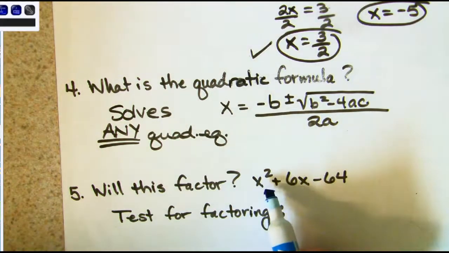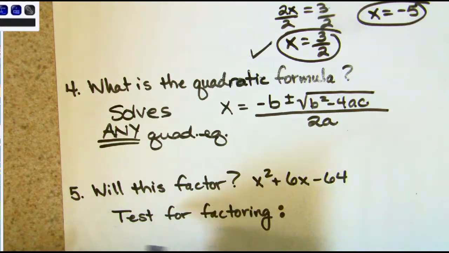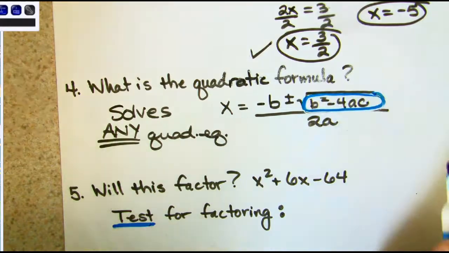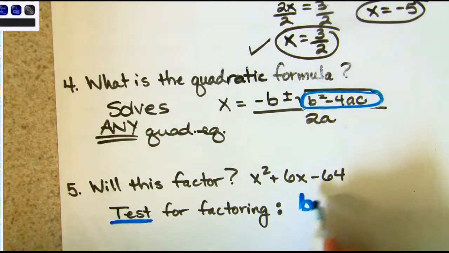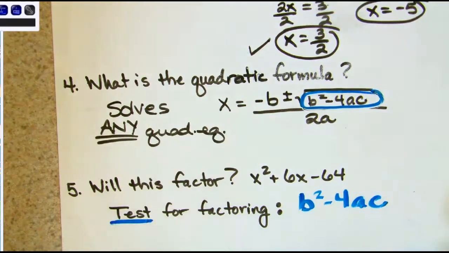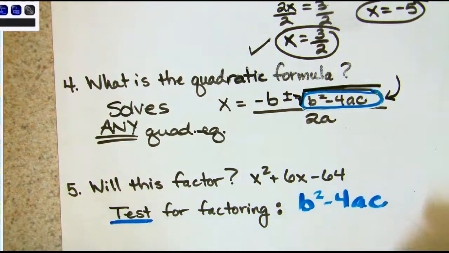So it's small, x squared plus 6x minus 64. There is a test for factoring, and it's right here. Okay? Underneath that is b squared minus 4ac. That is called the discriminant. And if you do that little expression that sits underneath the square root, it will tell you if it factors.